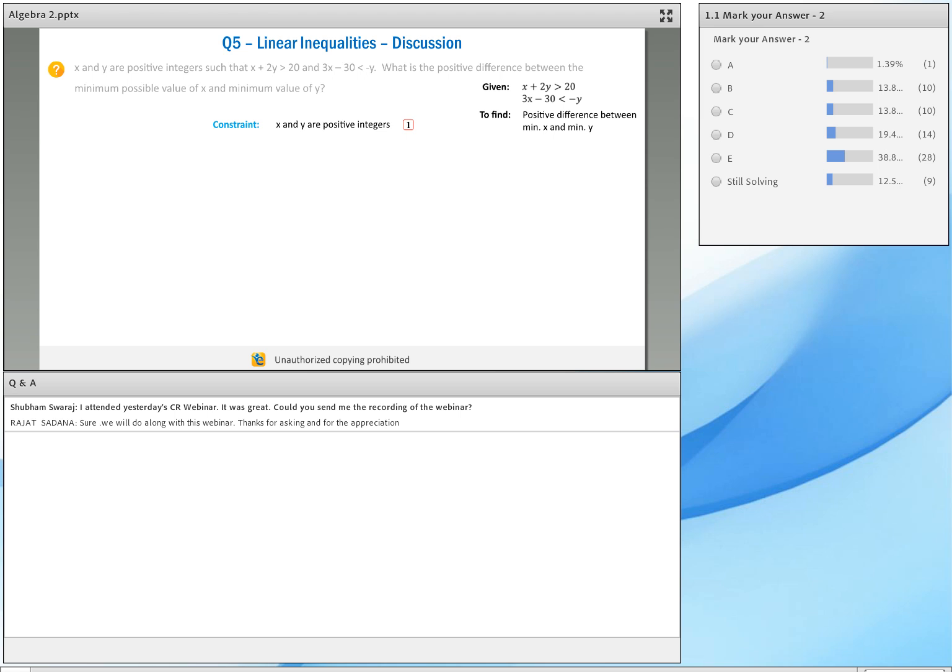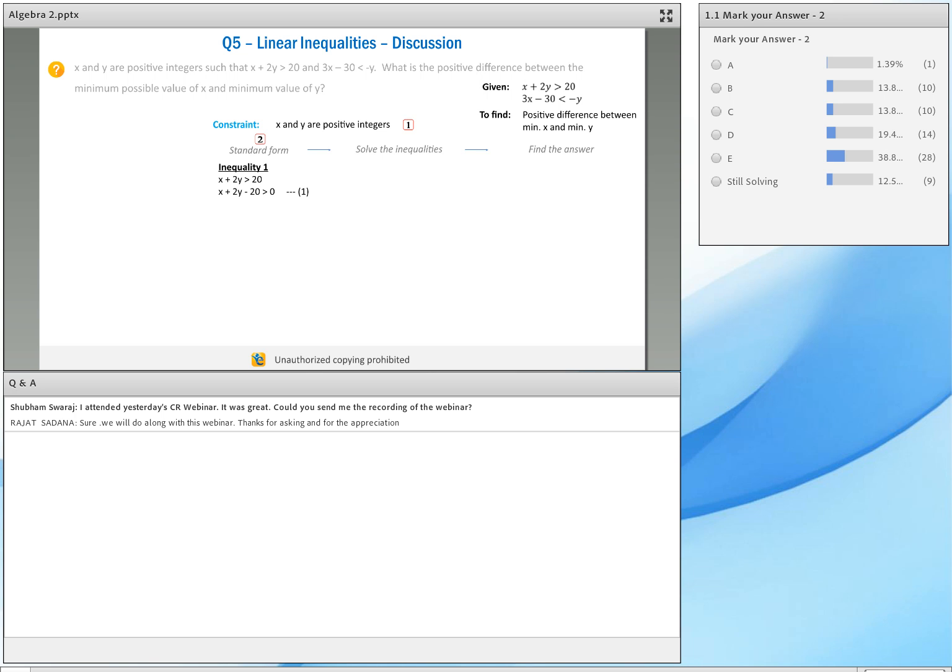Whenever you get a set of inequalities like this, first put the inequalities in standard form, then solve them, and then find what's being asked.